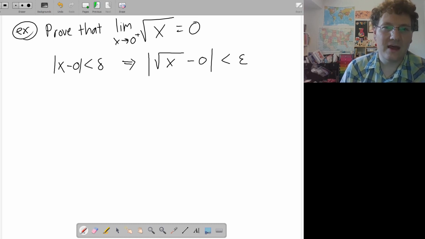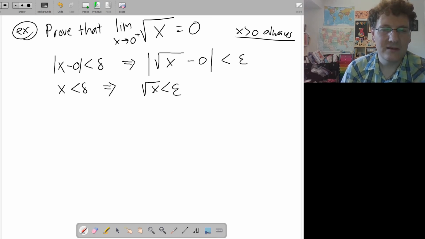But notice that since I'm only looking at a right-hand limit, x is always greater than 0, so I can clear away some of the absolute value signs. These two statements simplify to: as long as x is less than delta, I want that to imply that square root x is less than epsilon.